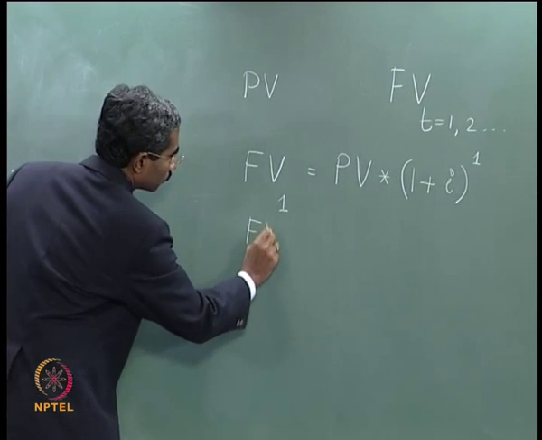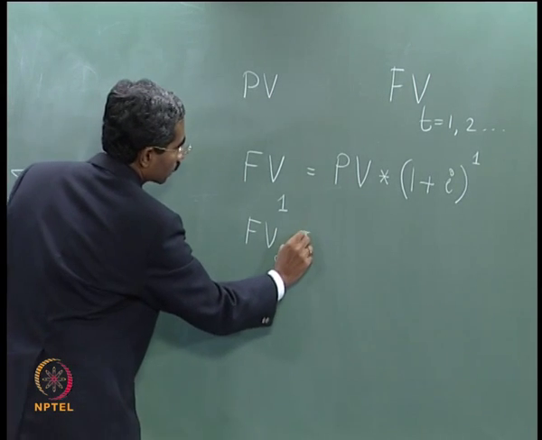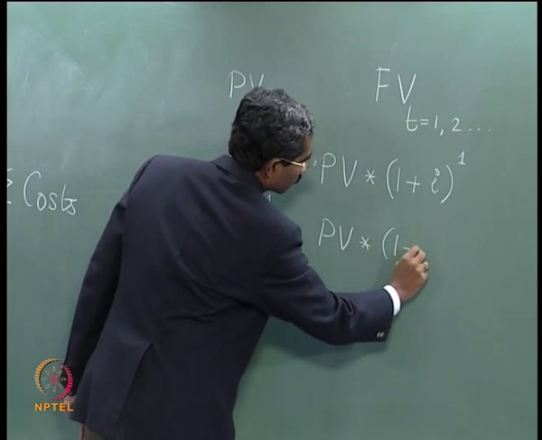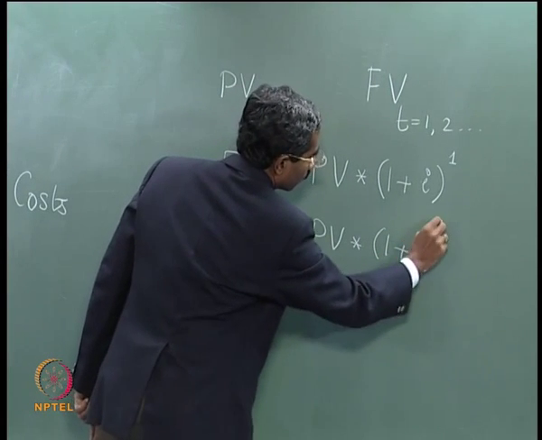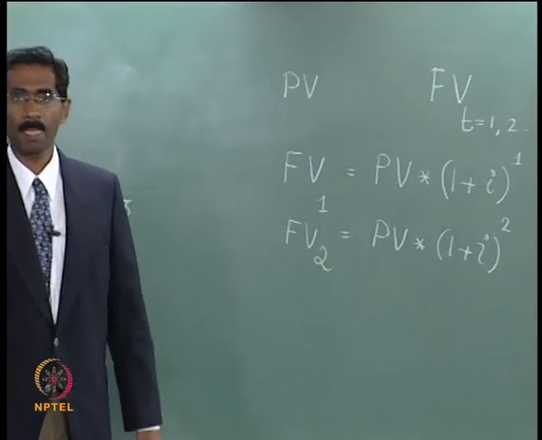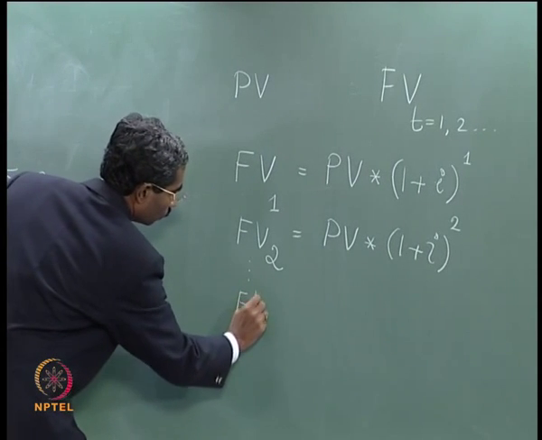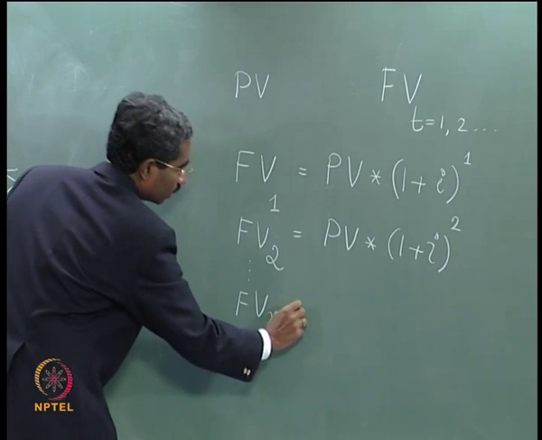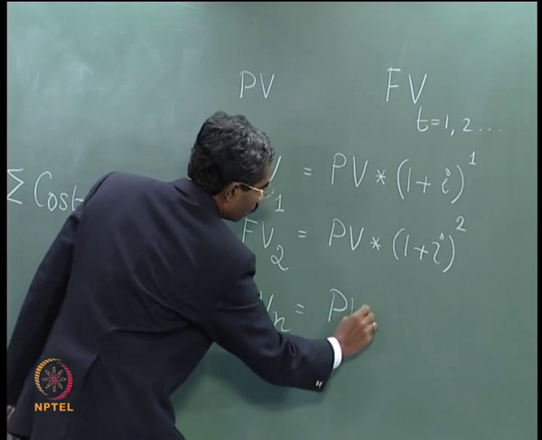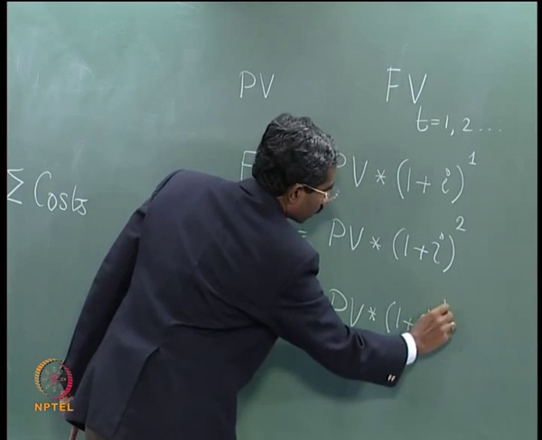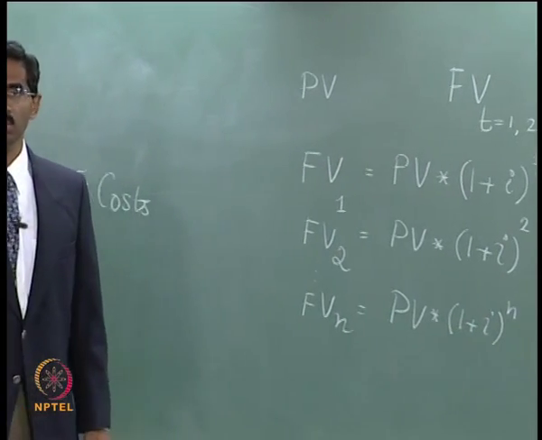Future value in year 2 is nothing but present value multiplied by (1 plus i) raised to the power of 2. And then if you go by the same trend, future value at the end of year n is nothing but present value multiplied by (1 plus i) raised to the power of n.